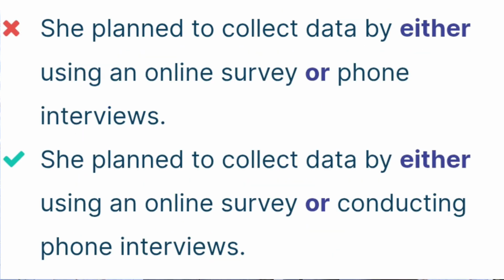Here, if I said, "She planned to collect data by either using an online survey or phone interviews," this is incorrect. But I should say, "She planned to collect data by either using an online survey or conducting phone interviews."